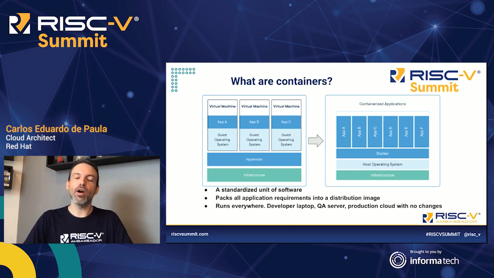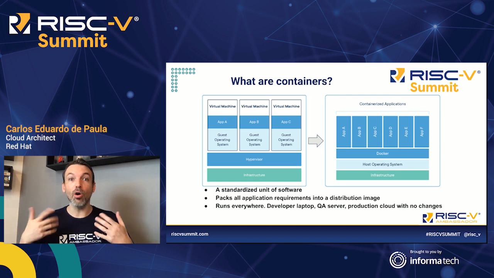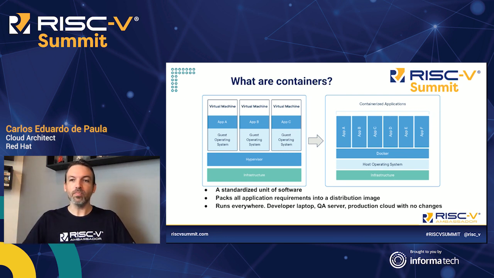Also, you can pack more applications in the same server because they are smaller and require fewer resources. You don't have a kernel and an operating system for each of your applications in that server. So you can consolidate more and also distribute more, and it starts a lot faster. You don't need to have a virtual machine boot on your server, causing load to your other applications.